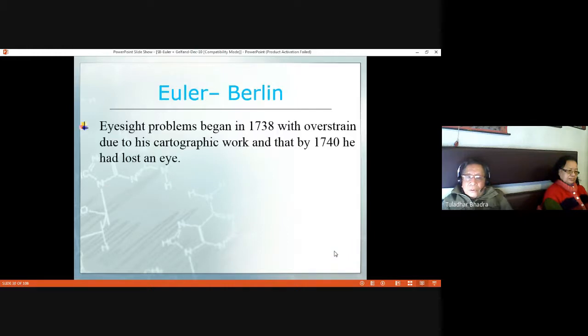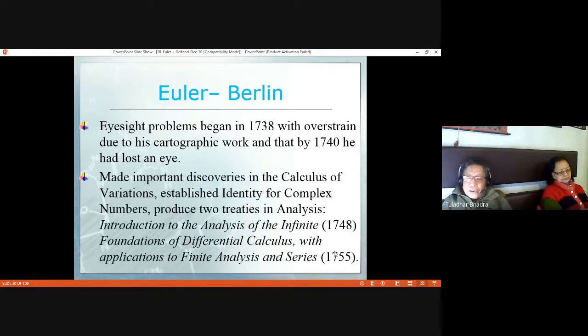In Berlin, his eyesight problem began in 1738 with strain due to his cartographic work, and by 1740 he had lost one eye. But he didn't stop working.